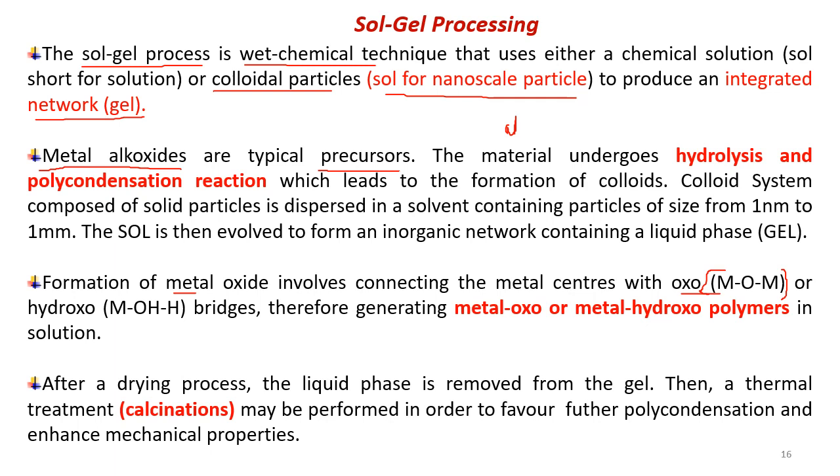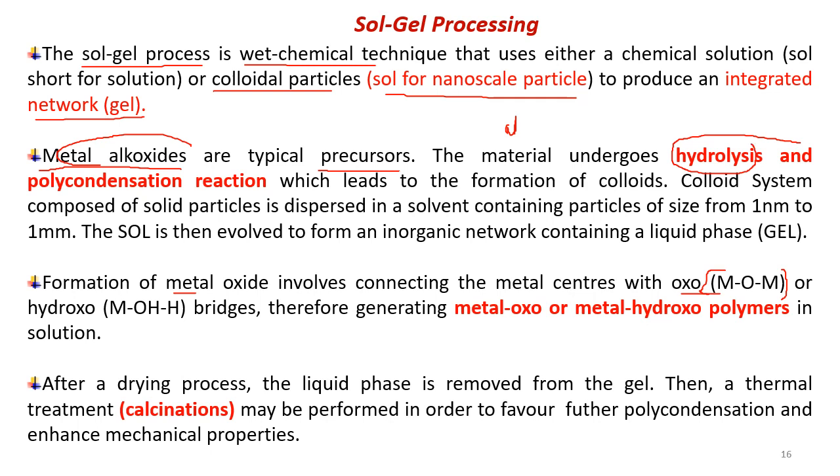So we make it soluble by using alcohol, that is, metal alkoxide, which is added with water. Metal alkoxides are homogeneous solutions, completely dissolved in water, but they need to be continuously stirred. So stirring is required, hence this has to be homogeneous.